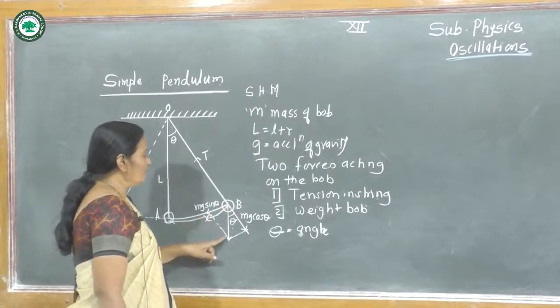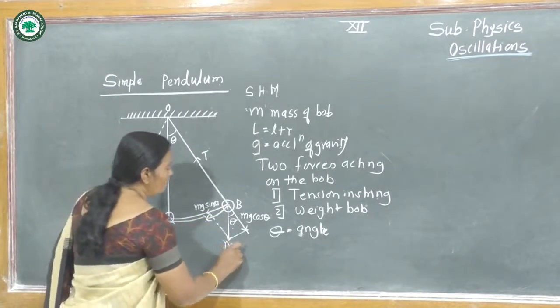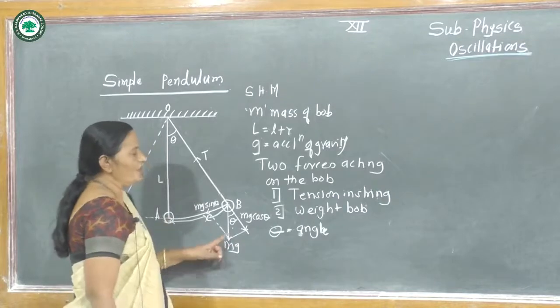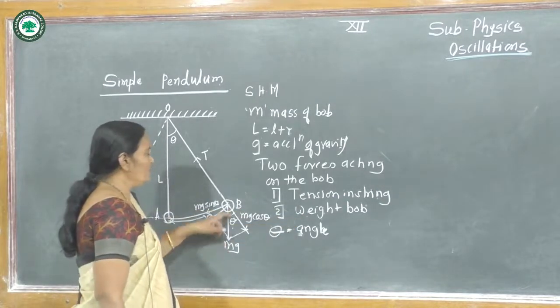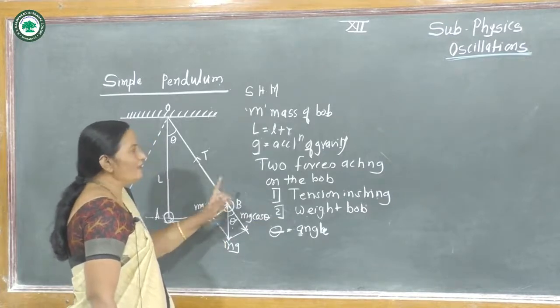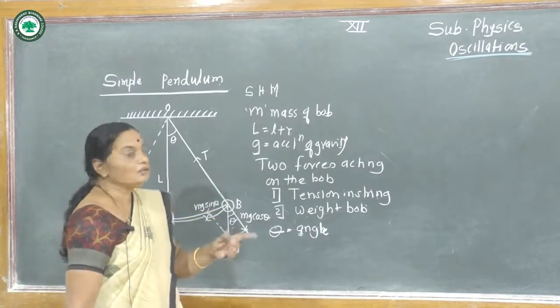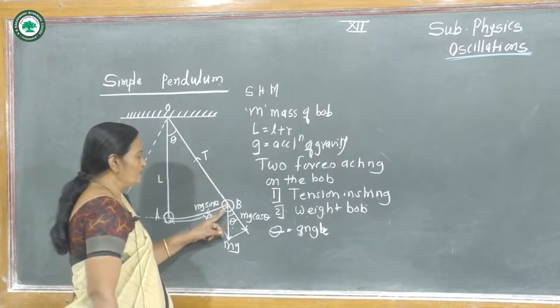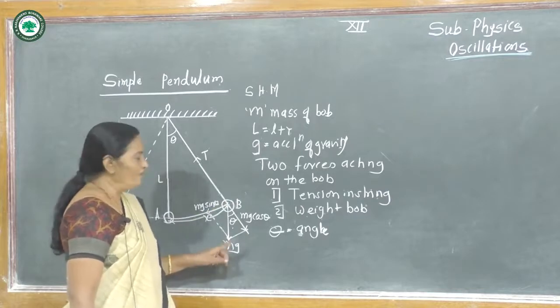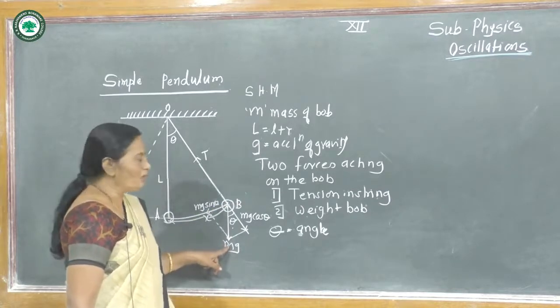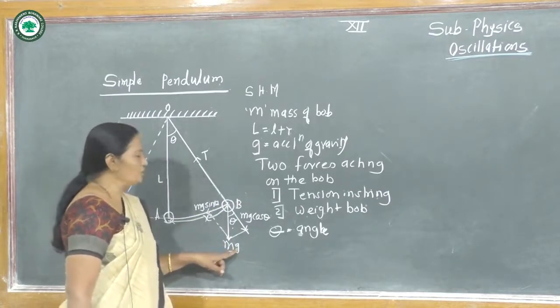This is mass into gravitational acceleration, mg, which represents the weight of the bob. Then this mg has two components. It is vertically downward, represented by mg, where m is the mass of the bob and g is the acceleration due to gravity.